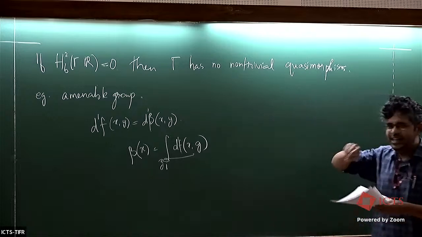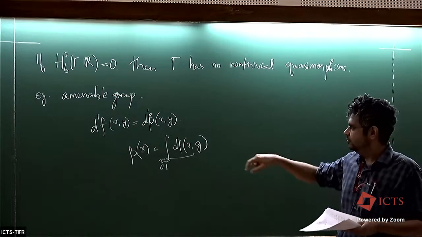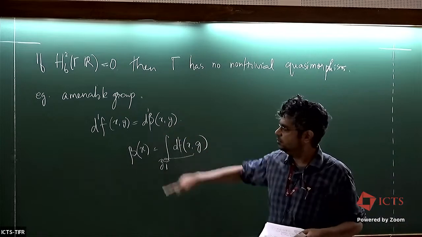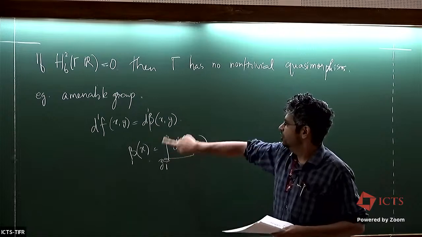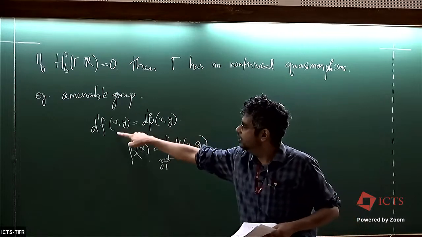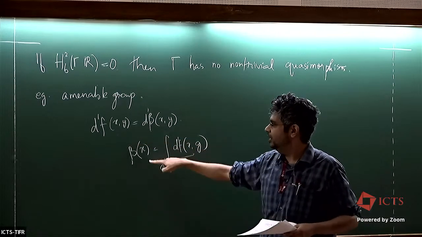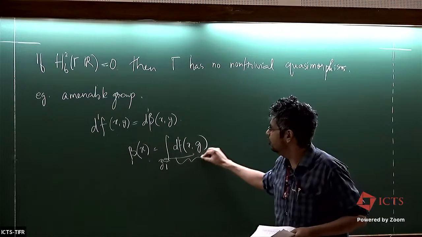So you're just locally averaging around. If you now take d1 of this, you can go inside and you can see that d1 of f is equal to d1 of beta, and beta is bounded because this whole thing is bounded.